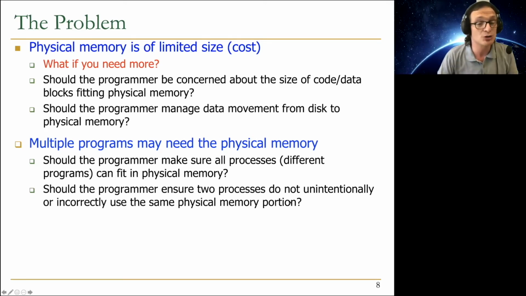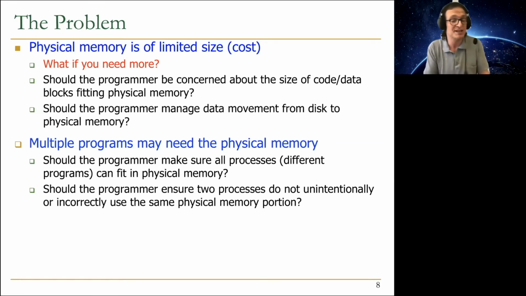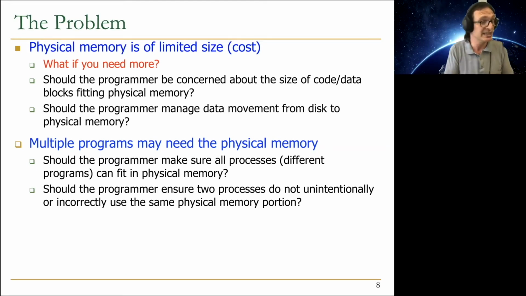Should the programmer ensure two processes do not unintentionally or incorrectly use the same physical memory portion? Because you may be executing two processes. Clearly, the processes normally do not communicate, right? If you're operating on your array, some other program should not be writing or reading your array, right?